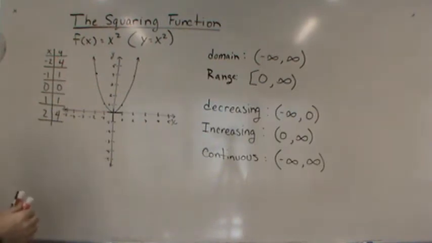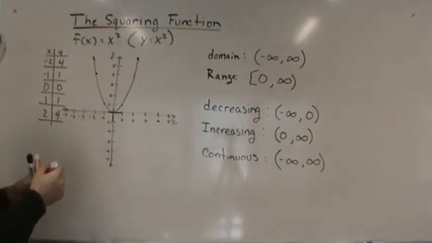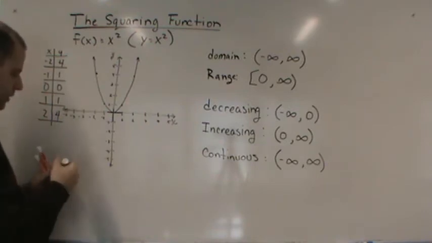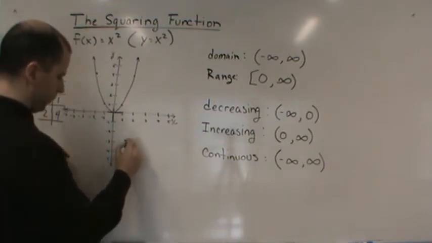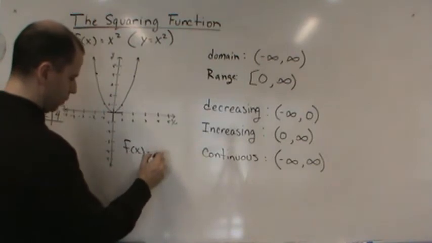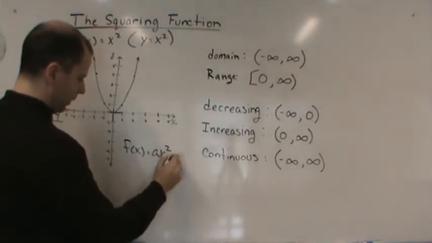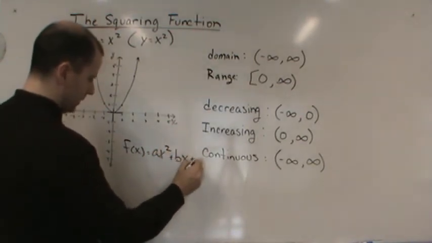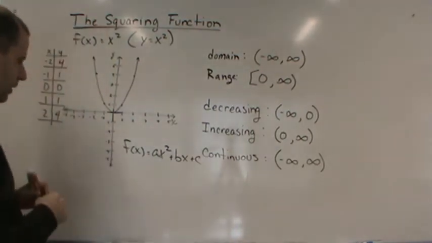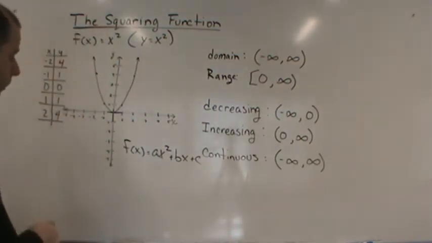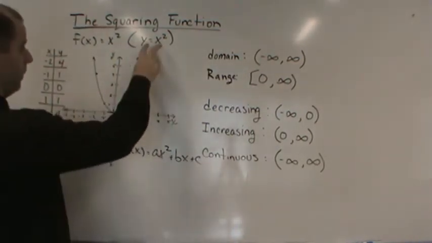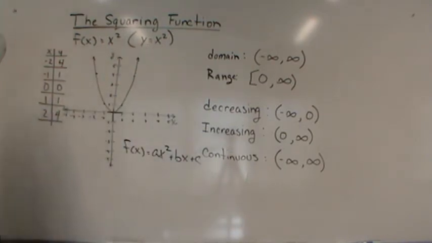Now, you can take any quadratic function, all quadratic functions of the form f of x equals ax squared plus bx plus c, and they can be created from this function here.